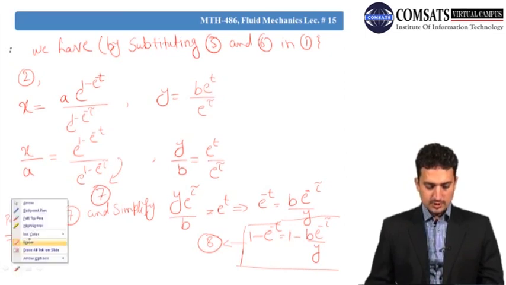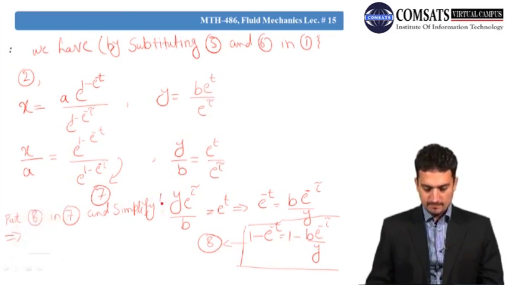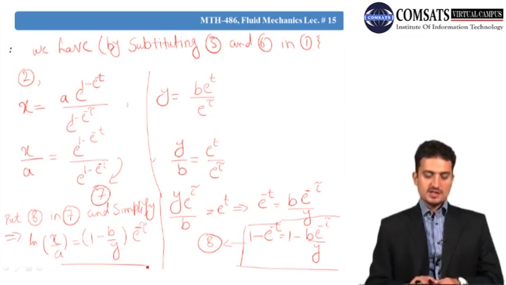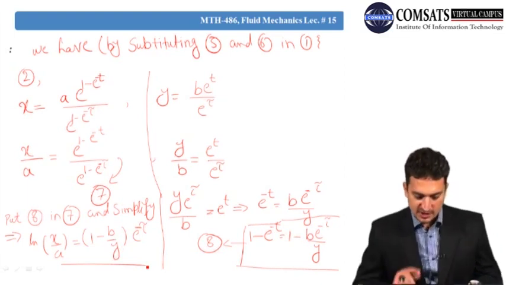तो you will ultimately get the answer natural log of x over a is equal to 1 minus b over y e to the power minus tau. This is the desired equation of streak line.